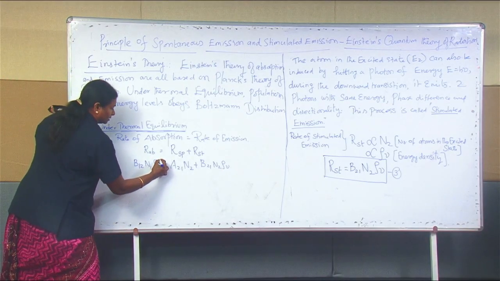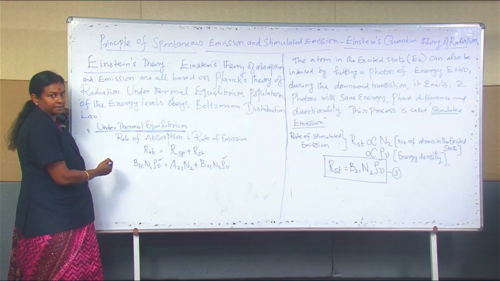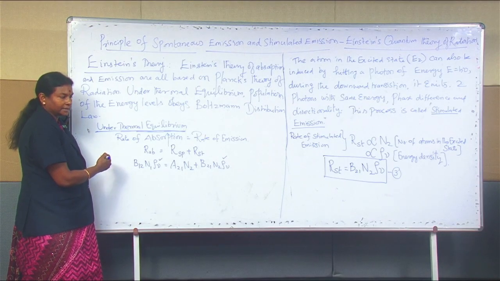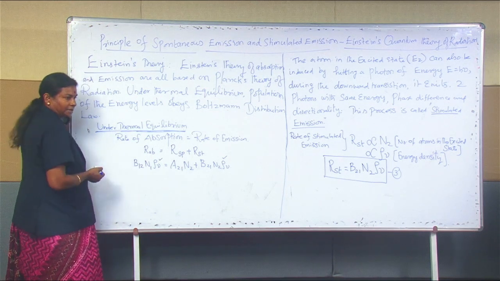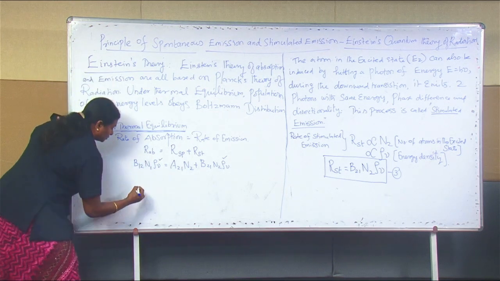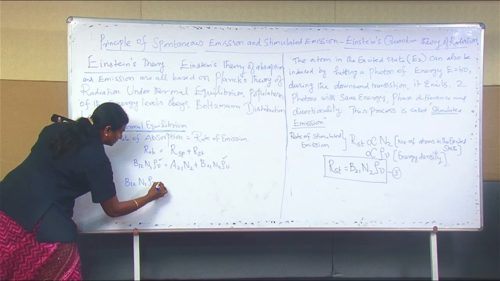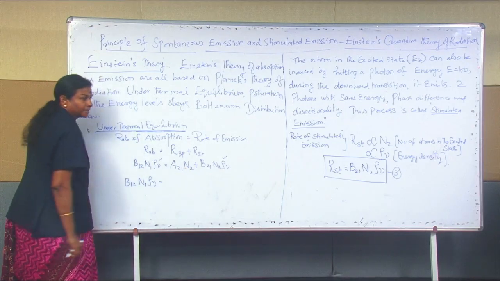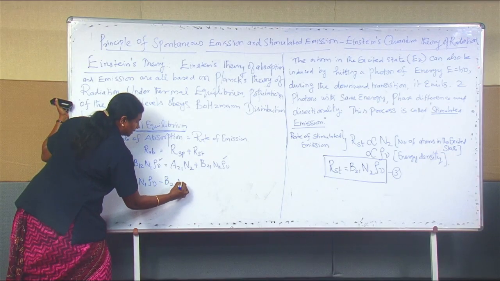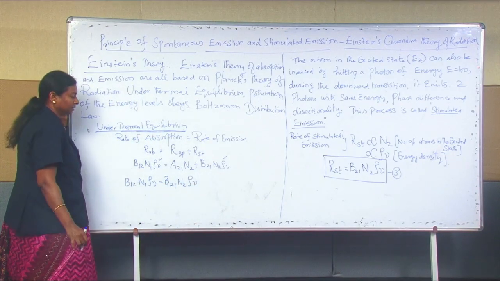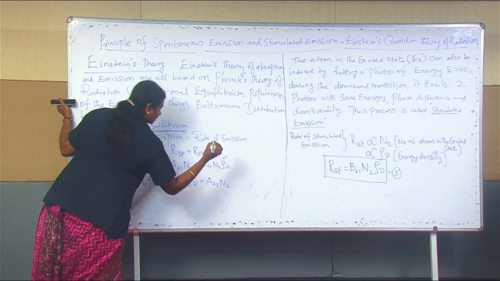If you see here, we have this energy density term. I have to rearrange it to one side. So, I am bringing this density term to the left hand side of the equation. B12 N1 rho nu minus, because we have this side as plus, if we bring it to this side, B21 N2 into rho nu, which is equal to A21 into N2.